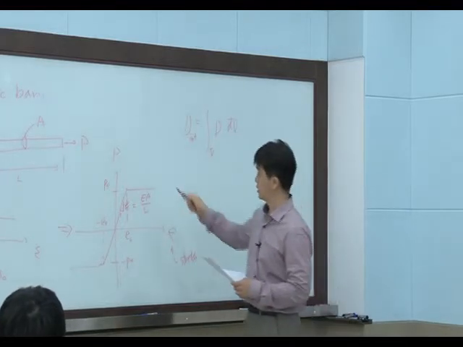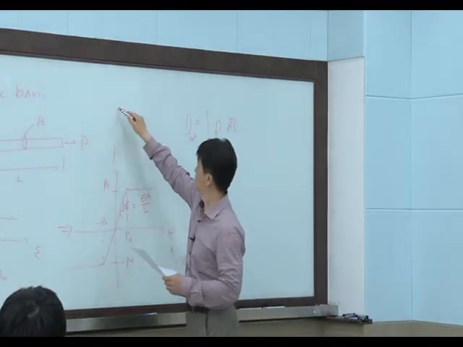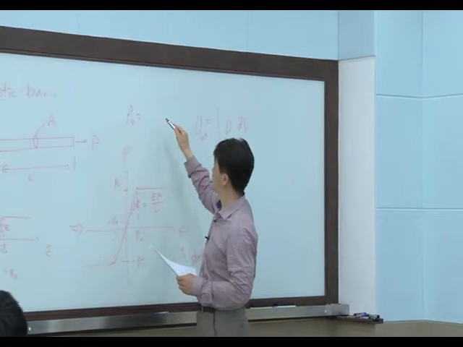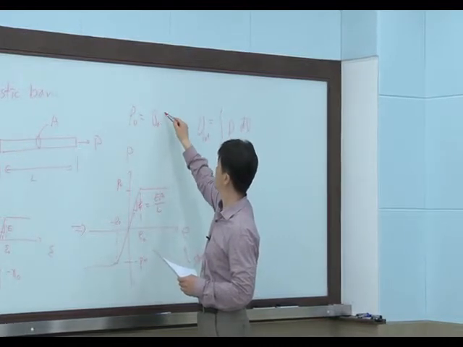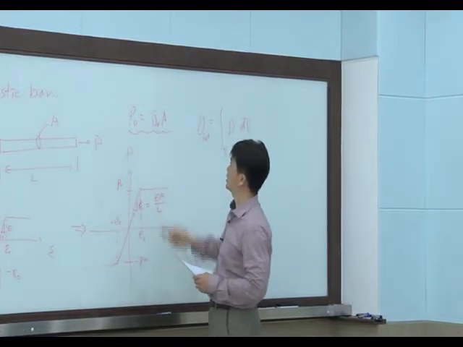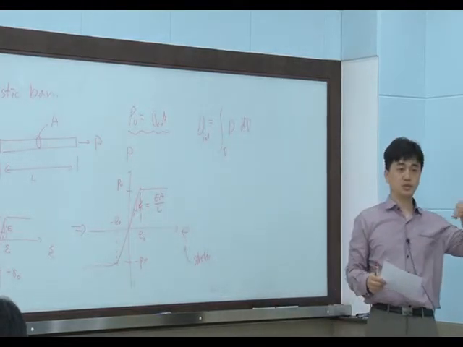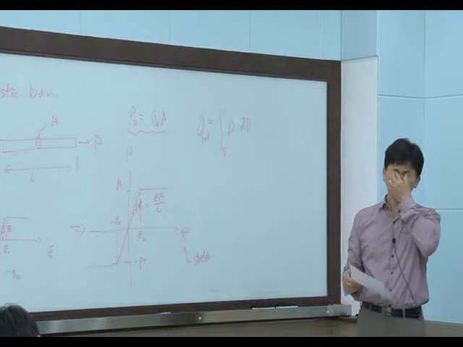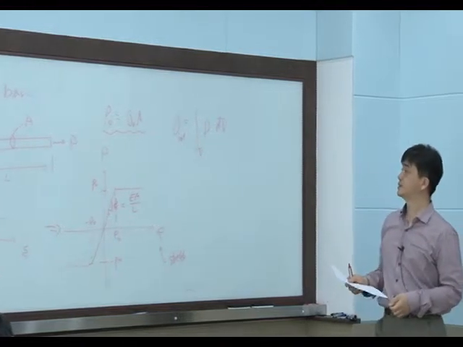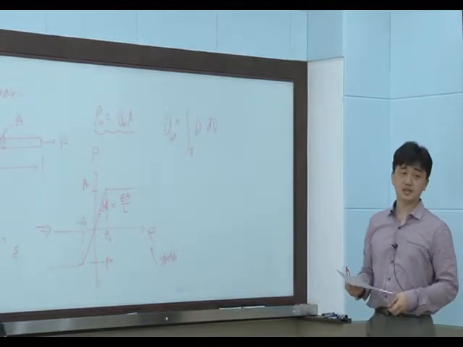Here P0 can be very simply calculated as sigma 0 A, right? All the cross section reaches yield stress.